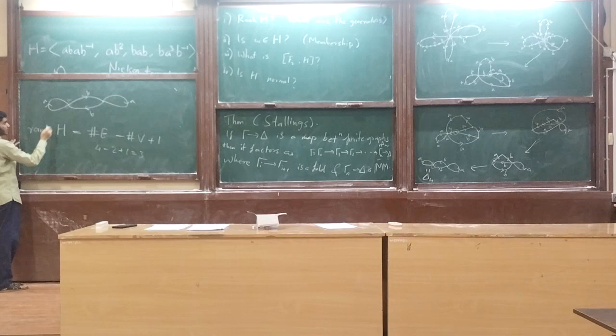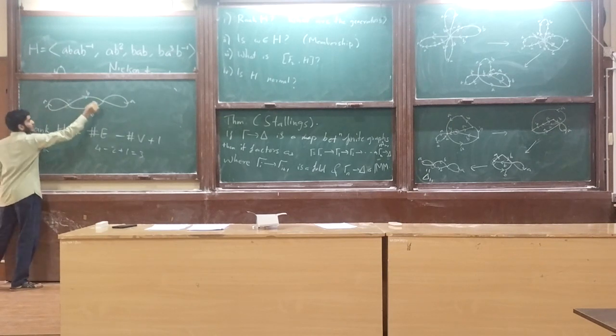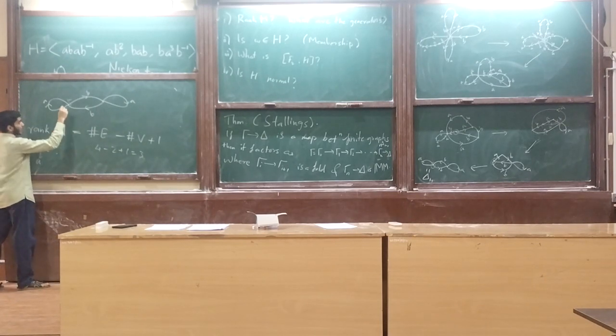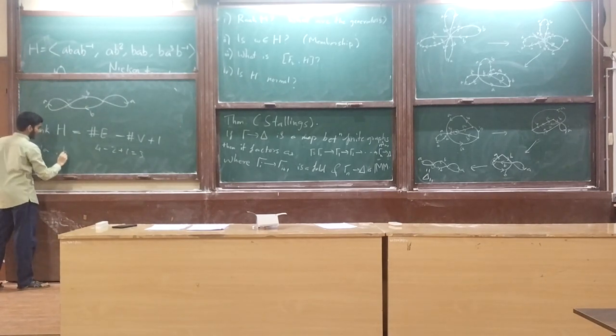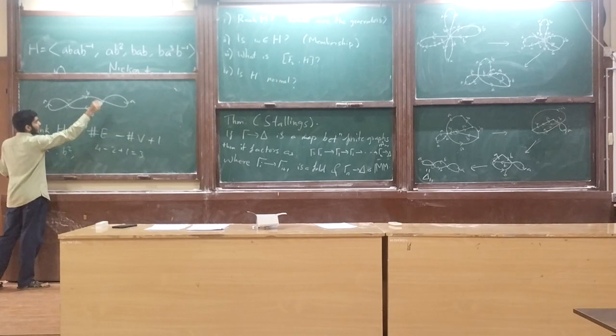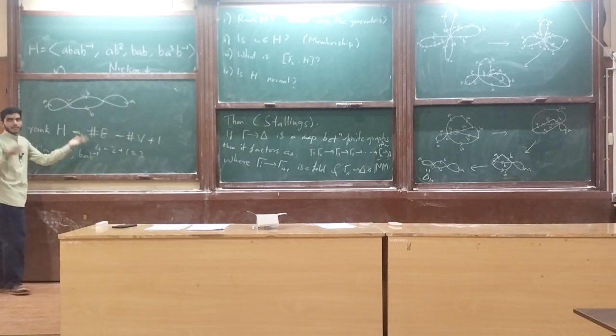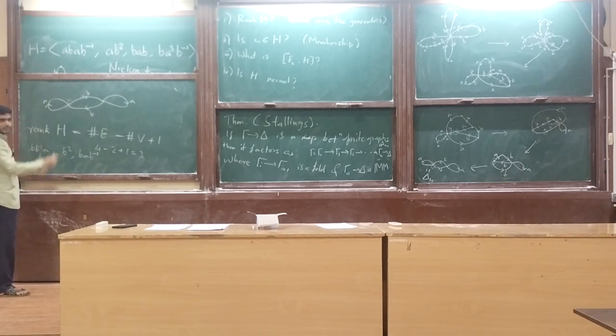Well, I could first have some loop like B B inverse A, which is just A, right? I could go here and then I could come back, and that homotopes down to just the A loop. So I could have A, or I could have B squared, or I could have B A B inverse, right? So these are our 3 generators. We just read them off the graph.